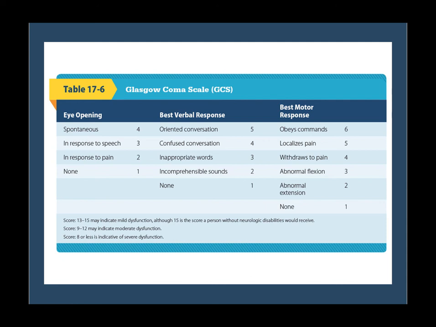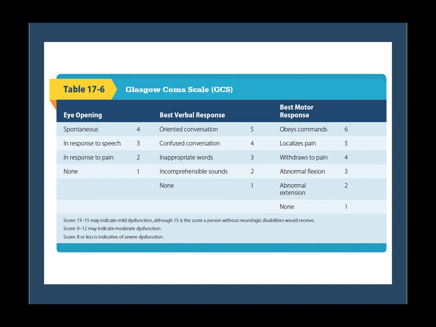They're not opening their eyes, they have no verbal response, and they have no motor response. They still receive a 3 on the Glasgow Coma Scale. The dead person receives the same GCS as somebody that is completely unconscious. So just keep that in mind, all right?